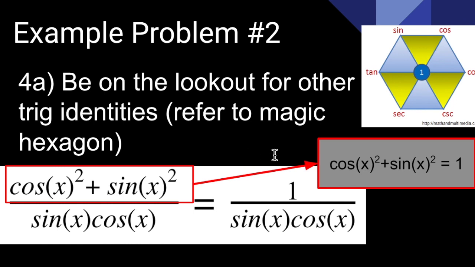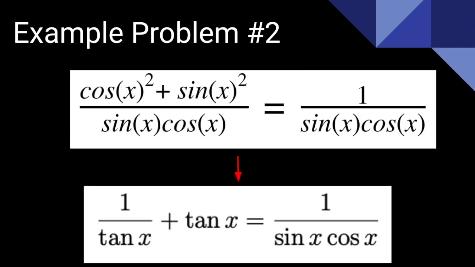So we know that cosine of x squared plus sine of x squared is equal to 1, and we can simplify this to 1 over sine of x times cosine of x, and that is how we go all the way from 1 over tan of x plus tan of x to 1 over sine of x times cosine of x.